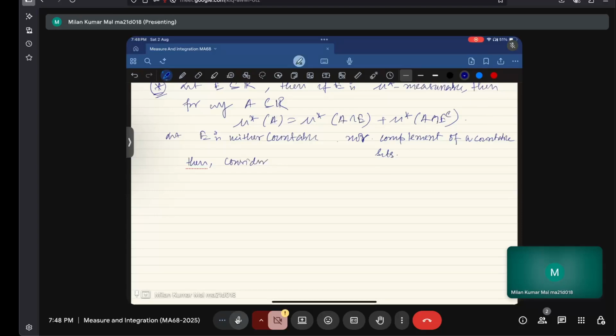But if E is not countable or not the complement of a countable set, that means either E is uncountable, or E complement is uncountable. So in that case, either E is uncountable or E complement is uncountable. Okay.